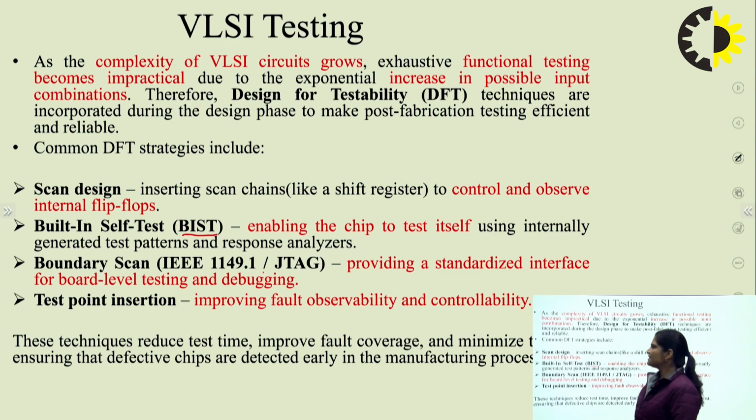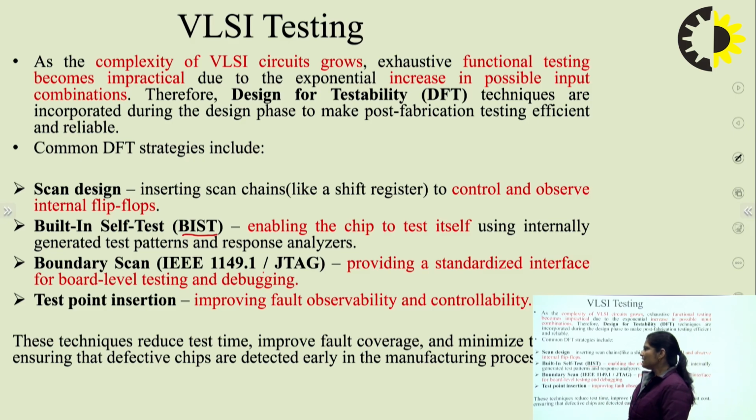Now first one is scan design. So when we are inserting a scan chain like a shift register, that is used to control and observe internal flip-flops of the circuit. Now second is built-in self-test. That enables the chip to test itself using internally generated test patterns and response analyzers.